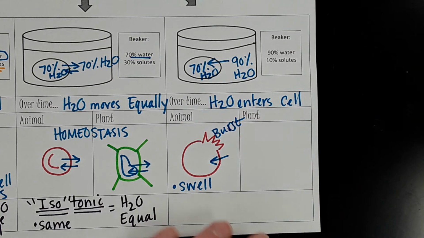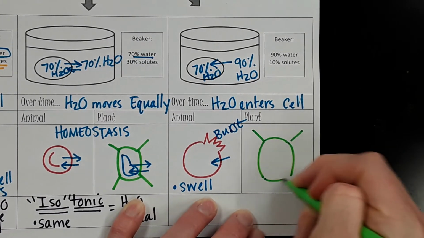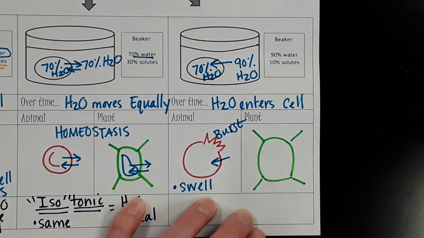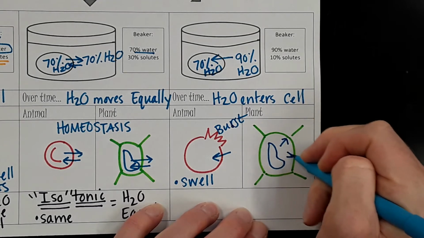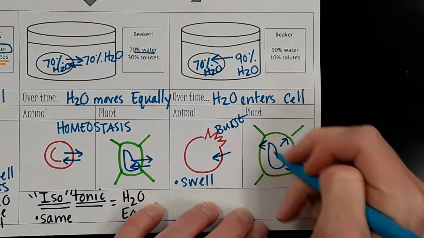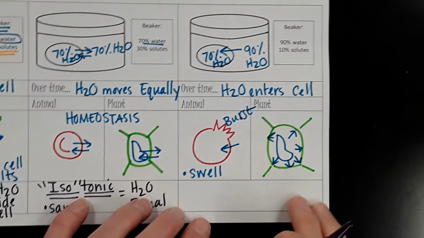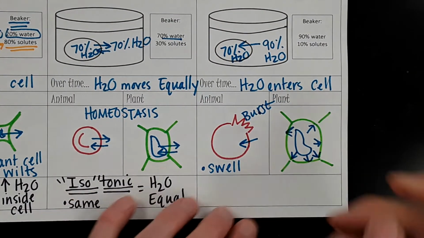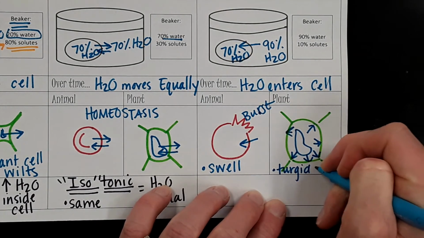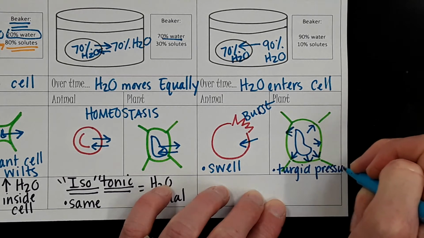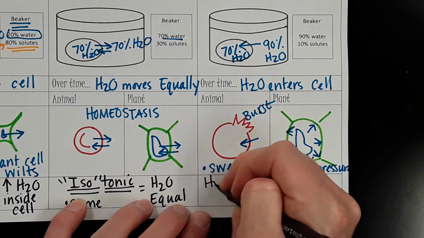In a plant cell, the plant cell is going to fill up and it's going to put a lot of pressure on the plant, and we call that turgid pressure. So we have the central vacuole, and the central vacuole is going to put a lot of pressure on the cell wall. And we call this kind of solution hypotonic. So this is turgid pressure. And so this is a hypotonic solution.